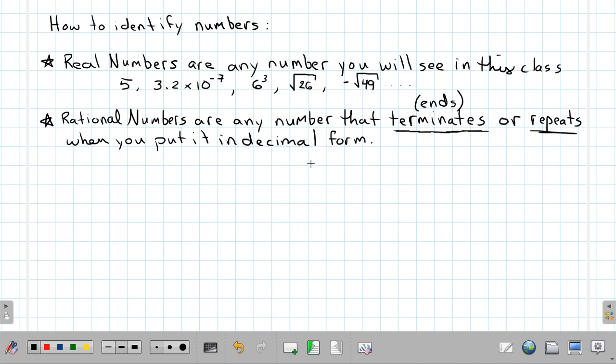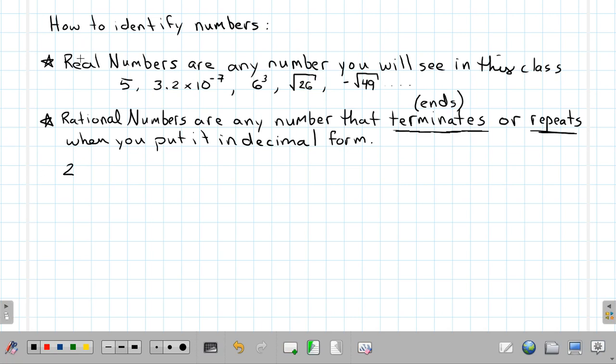So some examples of rational numbers are the number 2. Well, the number 2, it's just one number, so that means it actually terminates. It's not a number that goes on forever. There's not a ... at the end. There's no decimal or no number that repeats itself there. Okay? So in this case, this is a rational number.